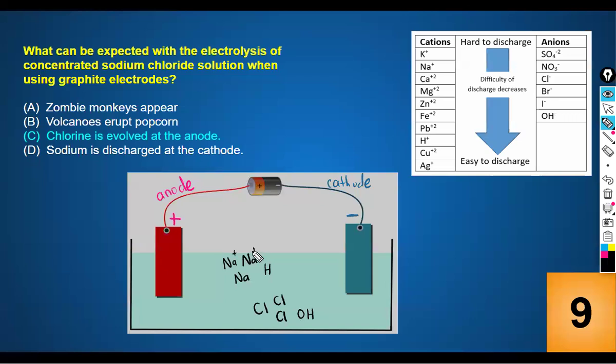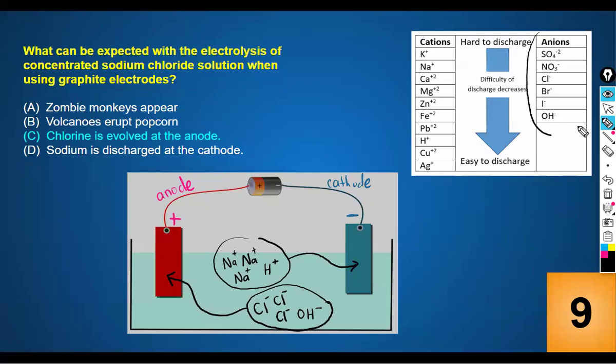So we know the sodium is positive, hydrogen is positive, chlorine is negative, and OH is negative. So the sodium and the hydrogen are going to rush to the cathode side because positive is attracted to what? Negative. All the minus charges are going to be attracted to what? The anode. But when it reaches the anode, let's go to this table here.